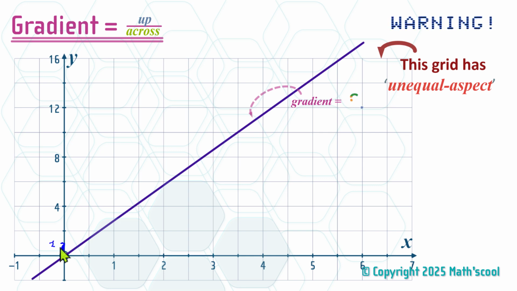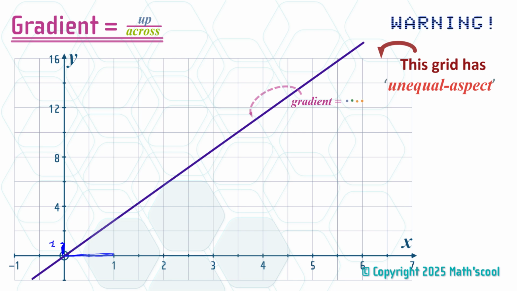So that's the gap from 0 to 1 on the y-axis, and that's the gap from 0 to 1 on the x-axis. So this has been squished. The y-axis has been squished to fit more of it in. And so this has an unequal aspect. That means when we're measuring angles using a protractor, we won't get the right result because somebody's squashed it. And if they've squashed it, then we'd need to unsquash it to get the right angle for that line.